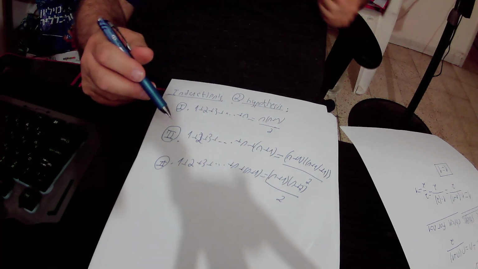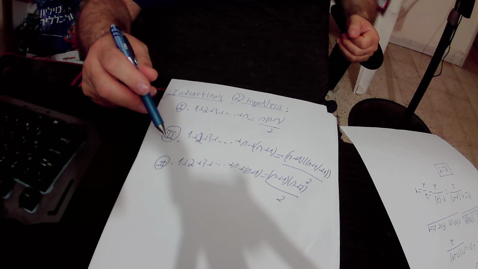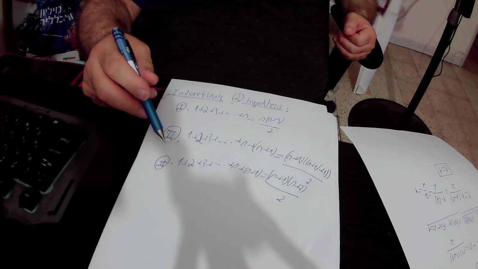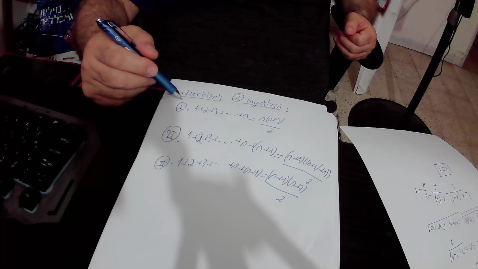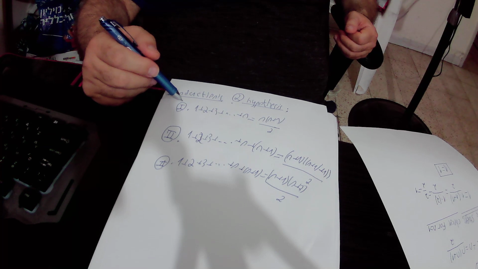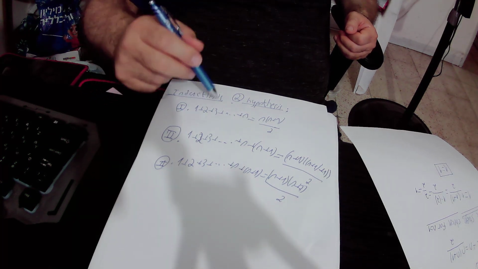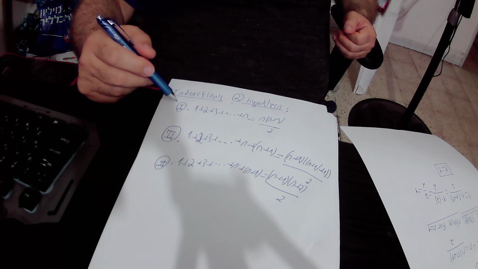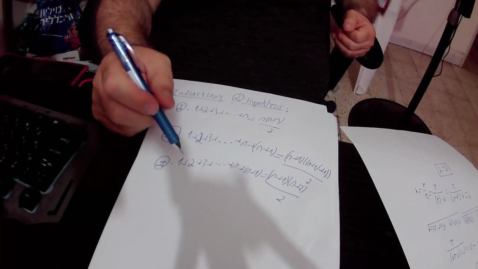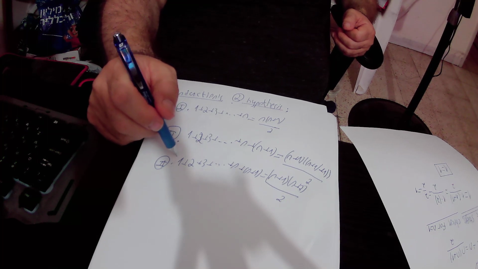And we must prove that this expression, the second expression, is true when we rely on our assumption that the expression for n is true. We will rely on the induction hypothesis that the first equation for n is true. Okay, so we have to prove that the expression for n plus 1, the second equation, is also true.